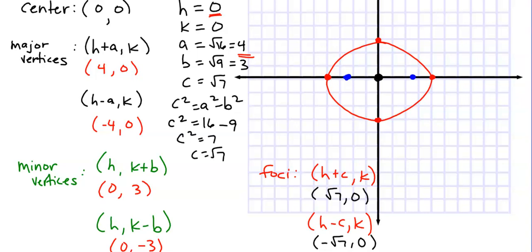And then a couple other things we could talk about. Length of the major axis. If we wanted to know how long is our major axis from here to here, that would be what? 8? Yeah, so you could just count the boxes there. That length would be 8. And then the length of the minor axis, if we wanted to do that, that would be 6.